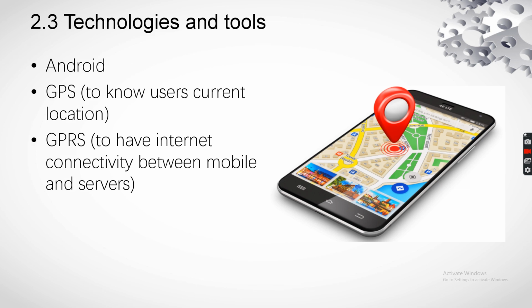2.3 Technologies and Tools. There are three main technology elements used. The first one is Android, the second one is GPS, and the third one is GPRS. For the GPS part, the project will be linked with Google Maps for users to have easy access to the locations around them.